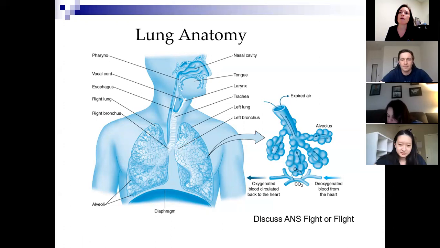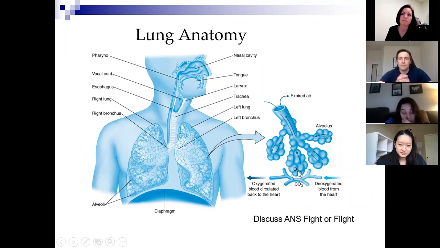This is where the exchange of oxygen and carbon dioxide comes in and out from the alveoli into the circulation, all the little blood vessels and capillaries that surround the alveoli. That's where the actual oxygen and carbon dioxide transition happens, in these little air sacs.